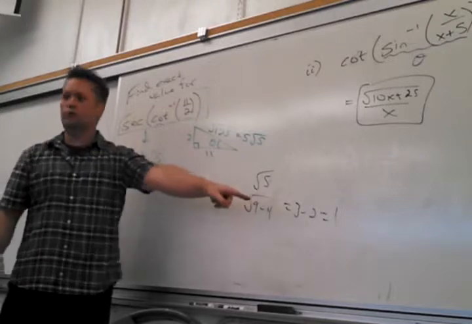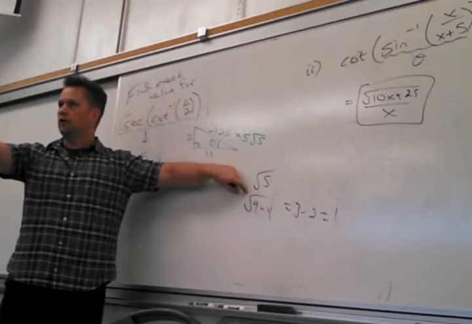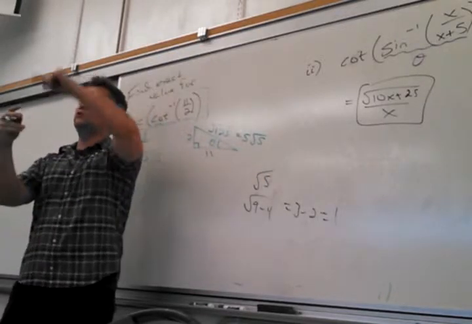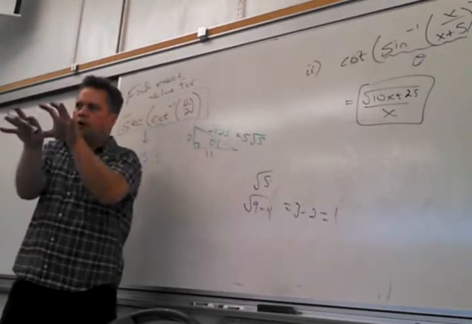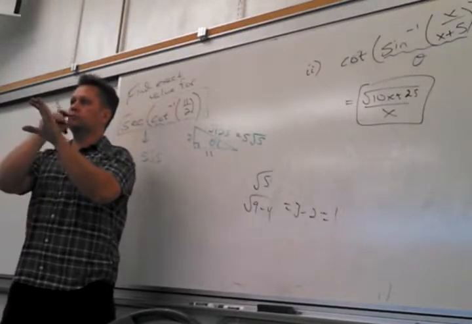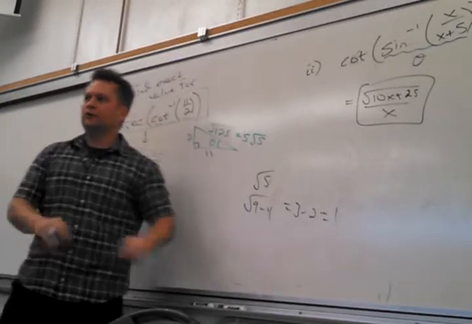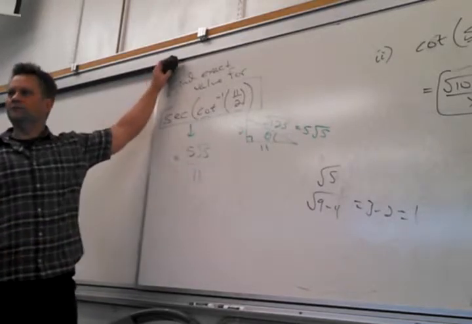So you're telling me the square root of 5 is 1. Square roots are powers. They can't cross over subtraction and addition. I can never take the square root of the parts of an addition or subtraction problem. That's another thing I keep ragging on my Calc 2 students about. So don't do that.